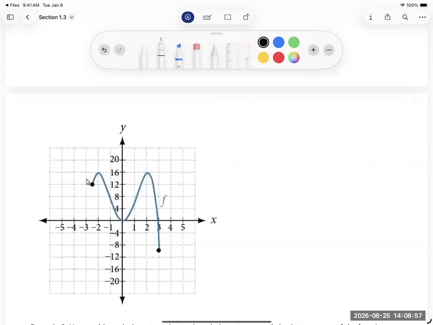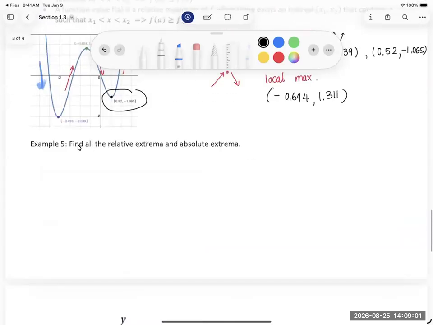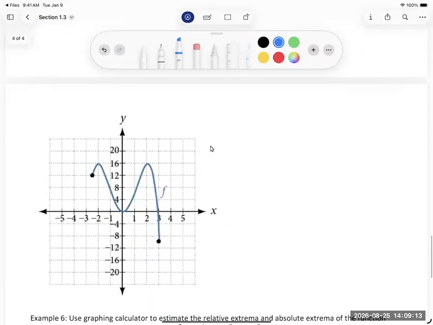Now let's do the same thing for the second graph right here. I want to find all the relative extrema and absolute extrema. Relative extrema means I need to find the local max and local min. So I'm going to put some arrows.